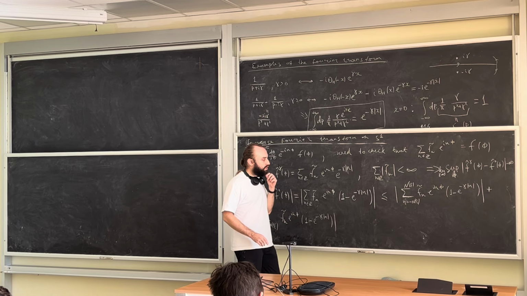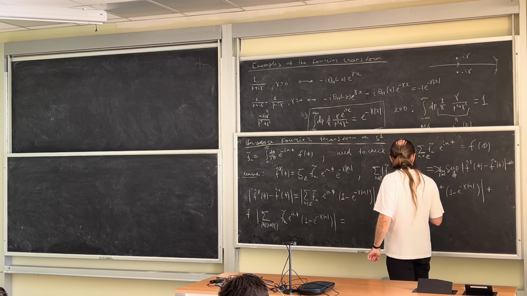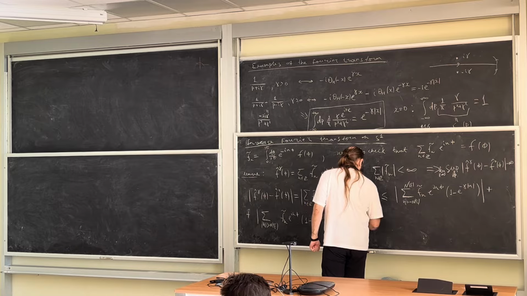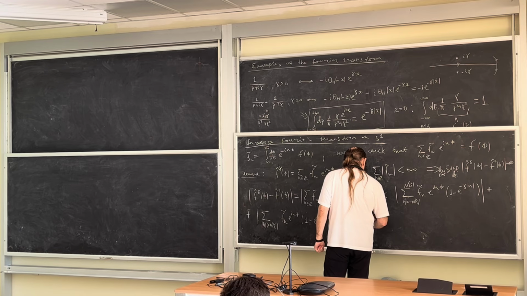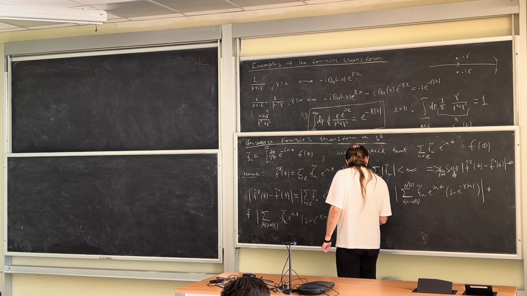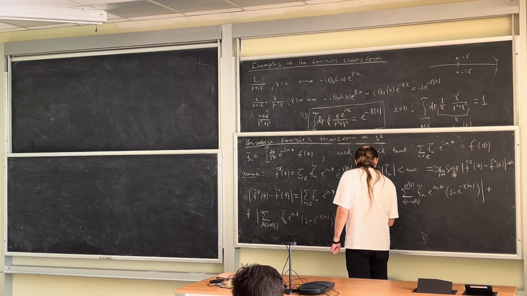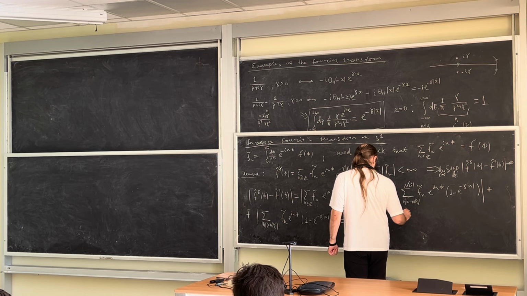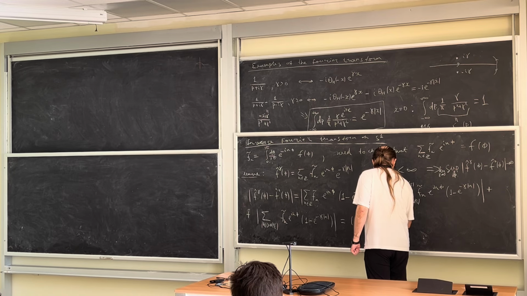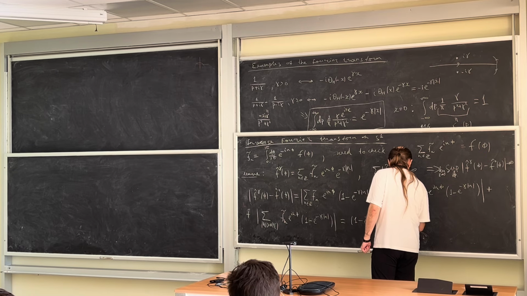Both operations will increase each of these parts. So here we can write that it is 1 minus e to the minus gamma N of epsilon, times the sum over absolute value of n less or equal than N of epsilon.